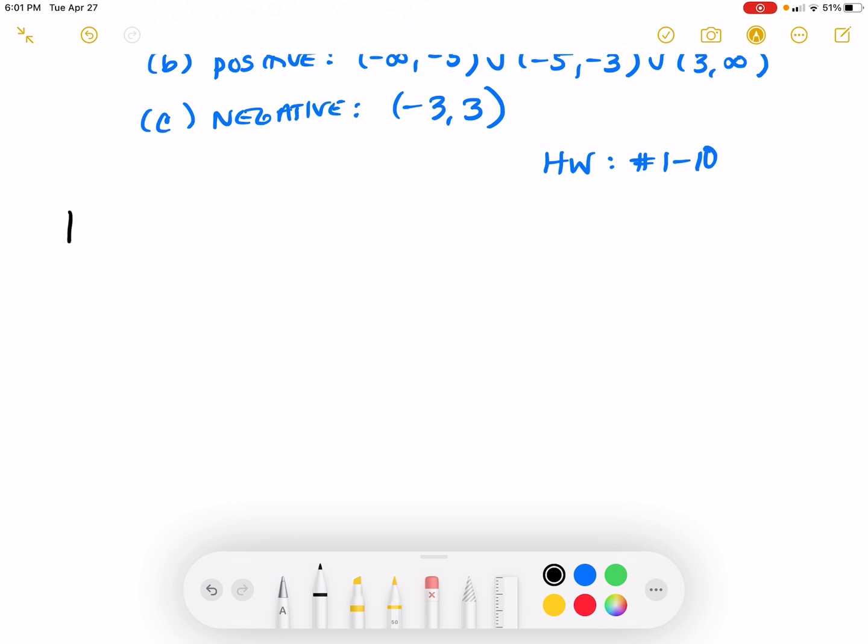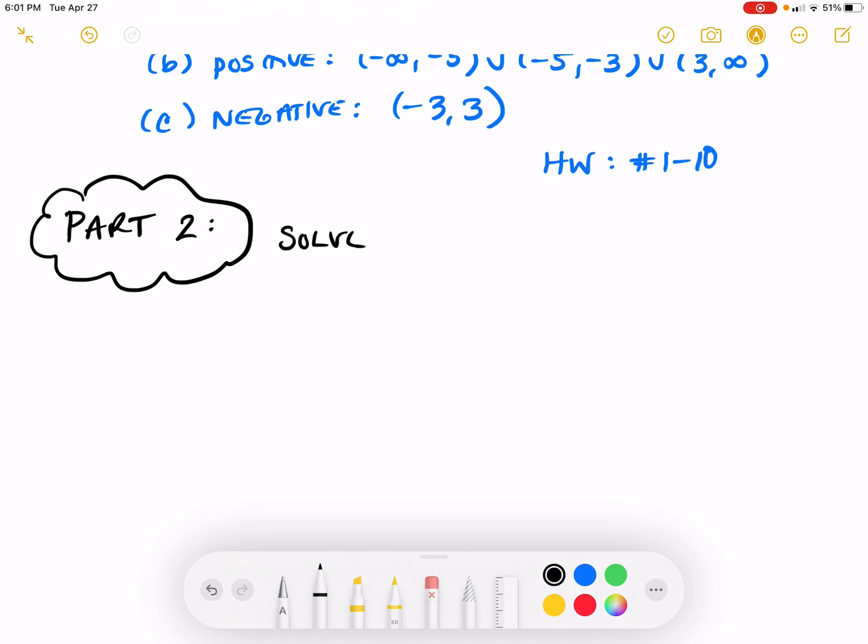So if you're continuing on, then let's go ahead and start part 2, which is solve inequalities using a sign chart.